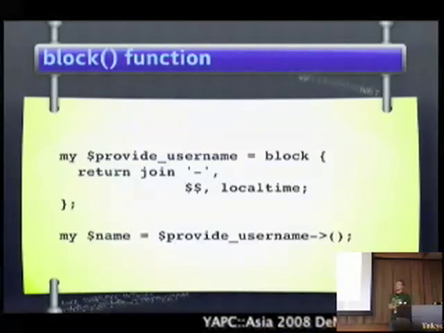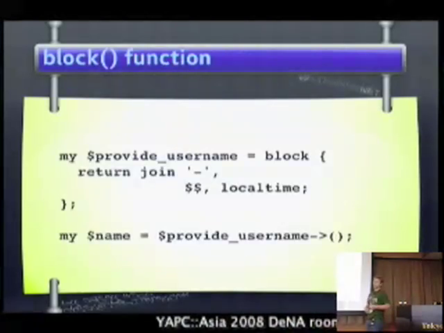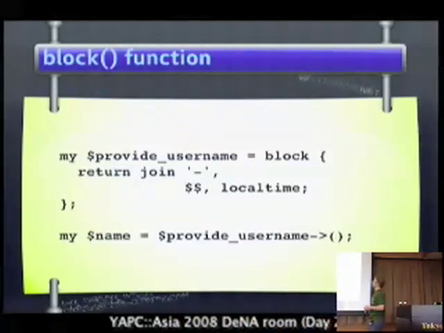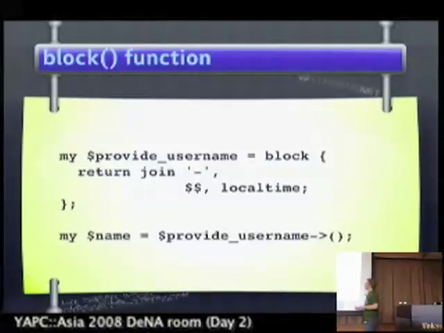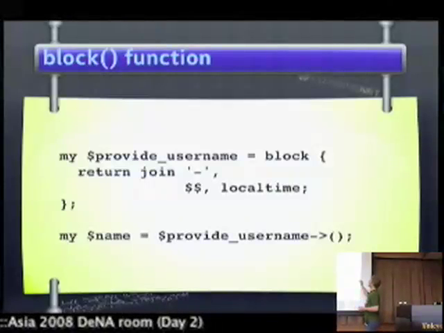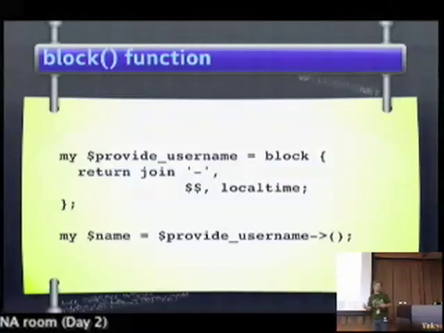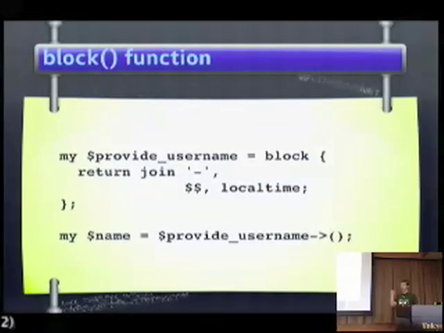So we saw the block function, which we use to assign a new macro. That really just returns a subroutine or a piece of code that we can call later. And you see that it takes a curly brace piece of code here, and that's a subroutine. It's an anonymous subroutine, but you can see that it doesn't use the word sub as any kind of keyword.